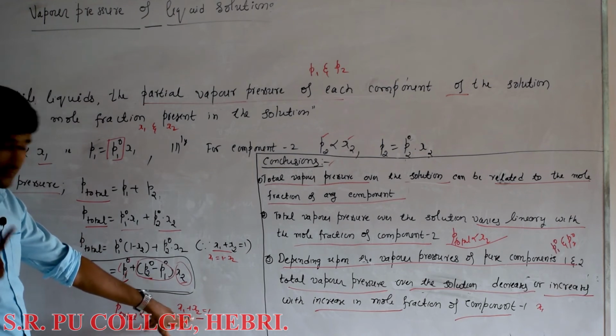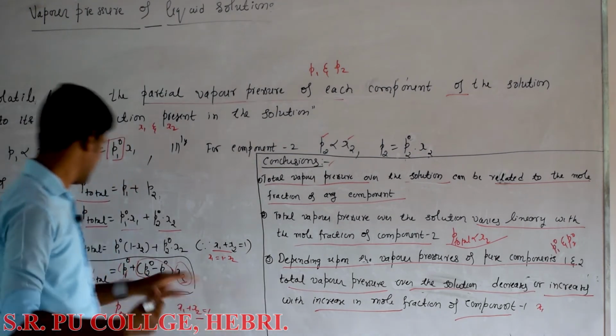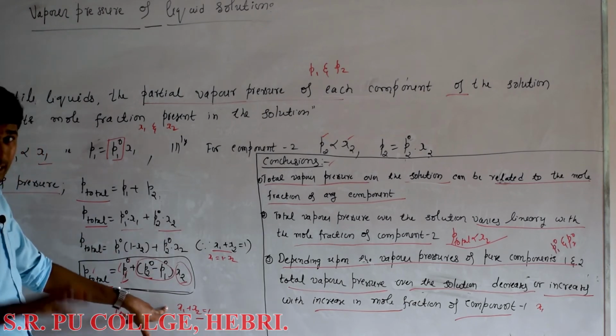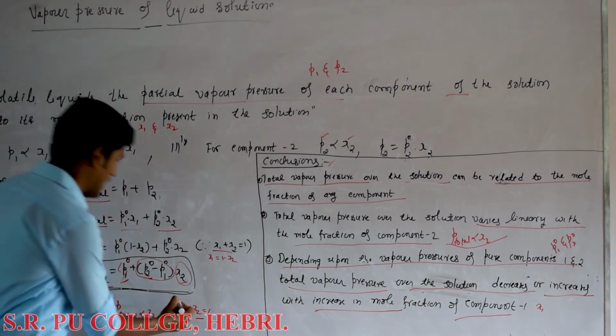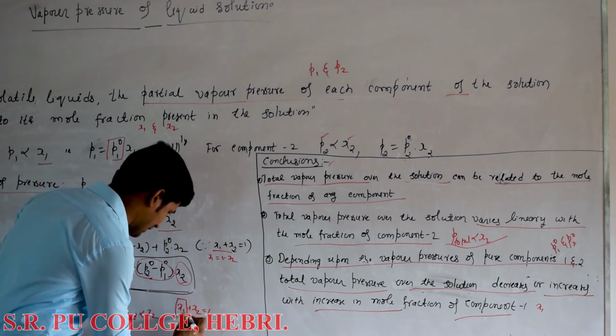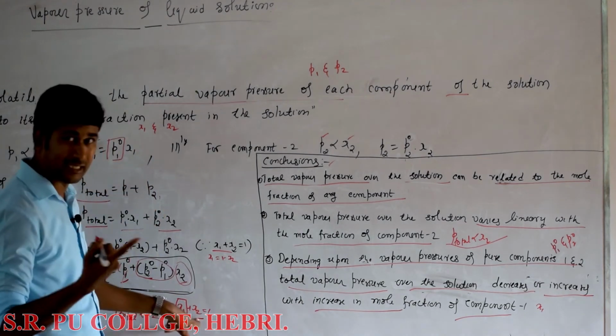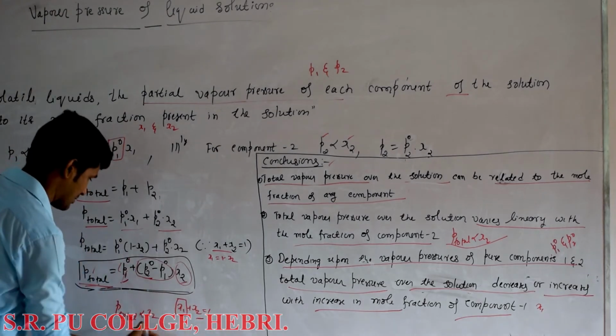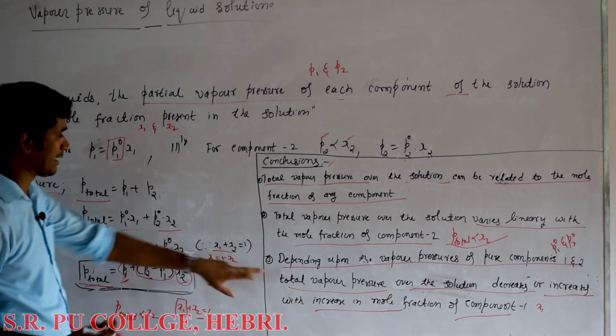So now P total also decreases. As you decrease X1, X2 increases, making it equal to 1. X2 increases, P total also increases.